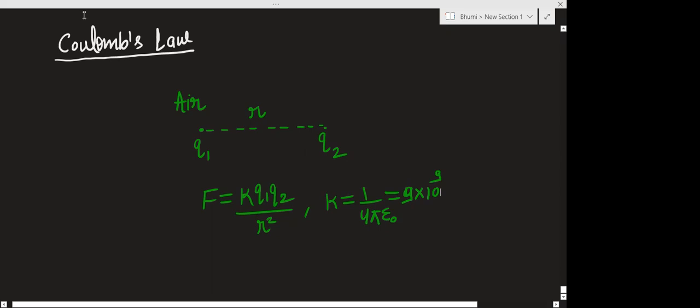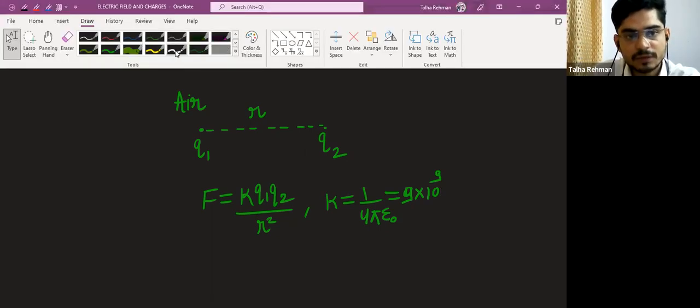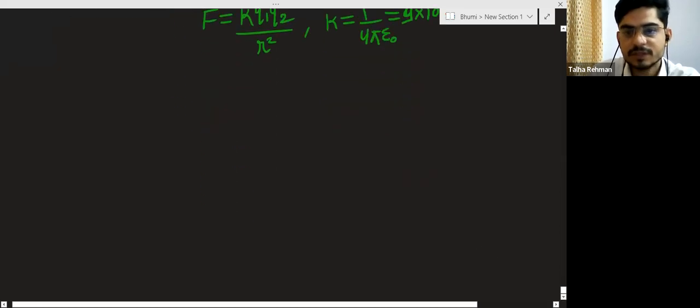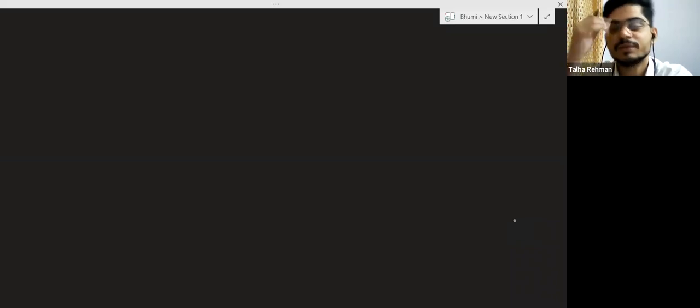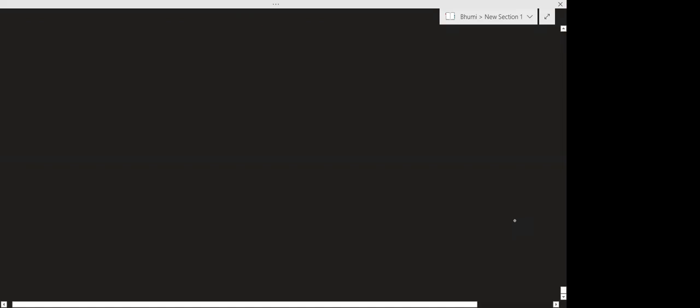But today we will study this Coulomb's law in vector form, because the question has already been asked in the CBSE examination.